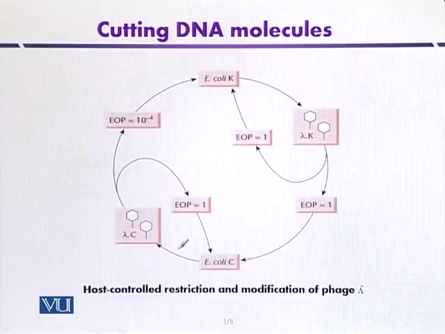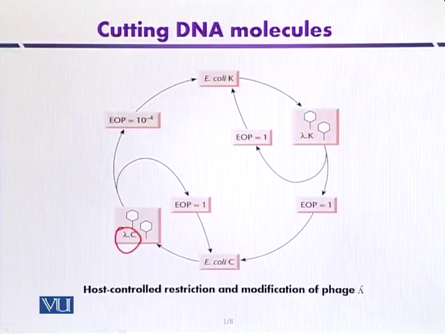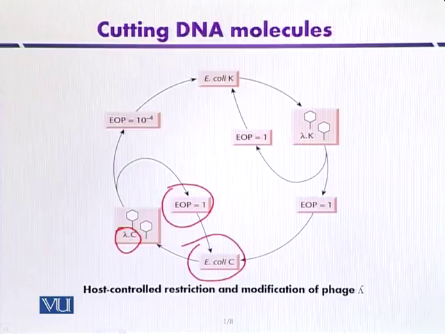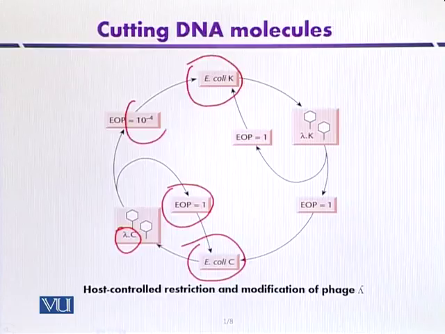So here this diagram indicates the host controlled restriction and modification of phage lambda. If we use bacteriophages lambda that can infect E. coli C, the plating efficiency will be high, like 1, when we grow it on E. coli C. But if we take the stock and directly infect E. coli K after growing on E. coli C, then the plating efficiency is very, very low.